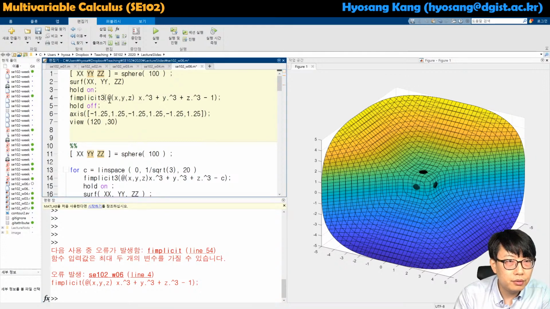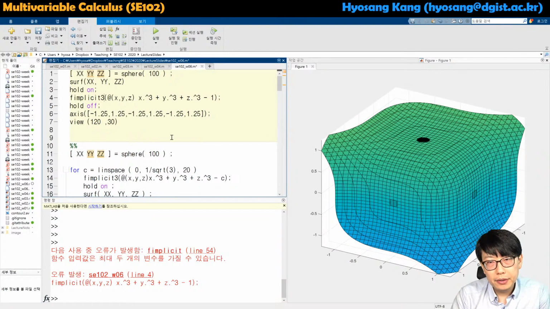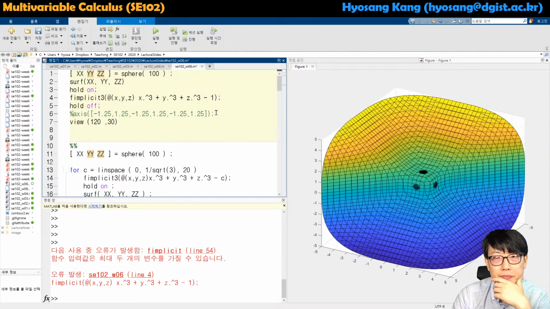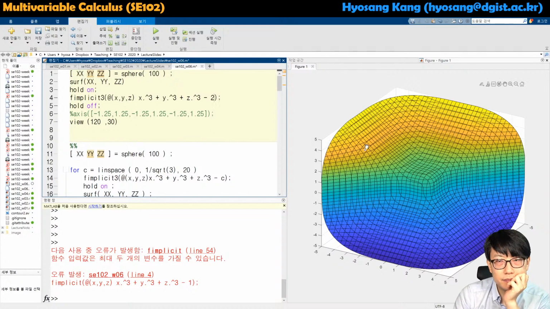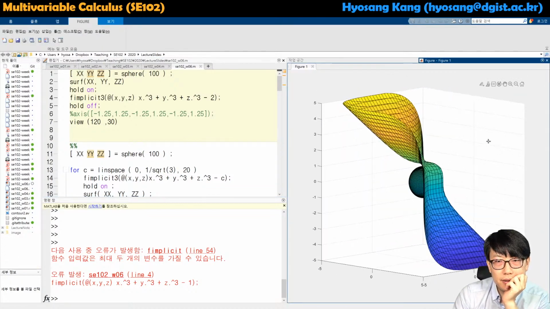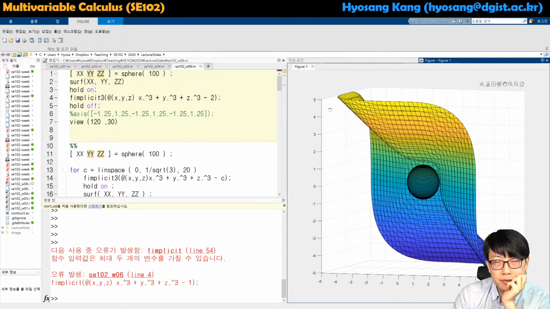I put implicit 3. So that's the picture. And then let's say we have 2 here.